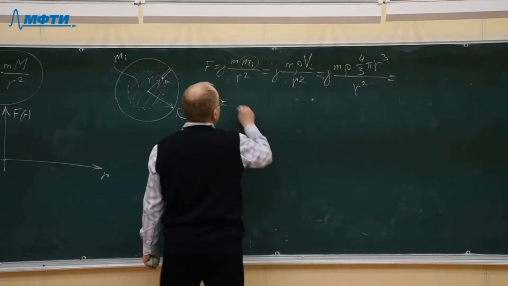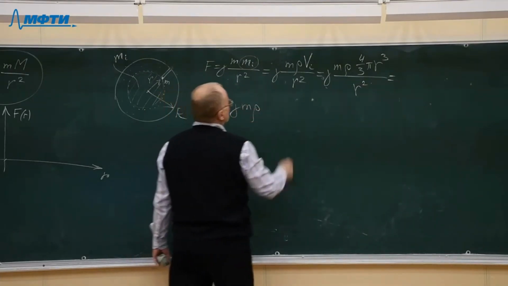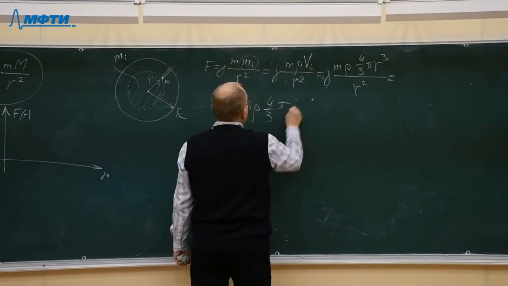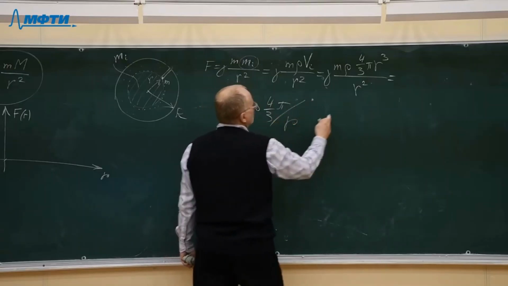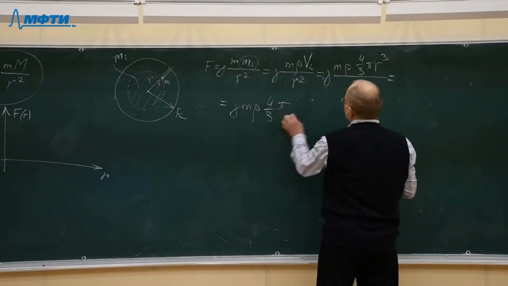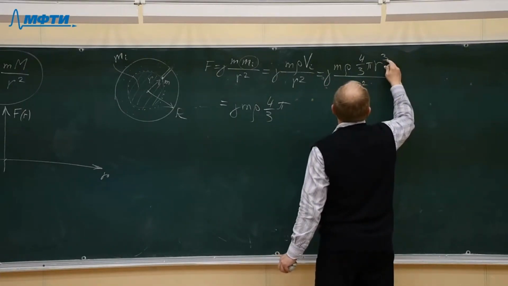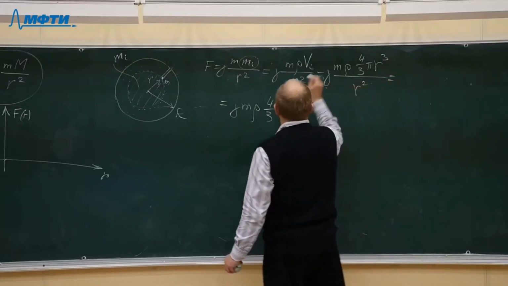And it gives you, finally, gamma m density 4/3 pi, and all this divided by r. The r cubed and r squared will give you r here.